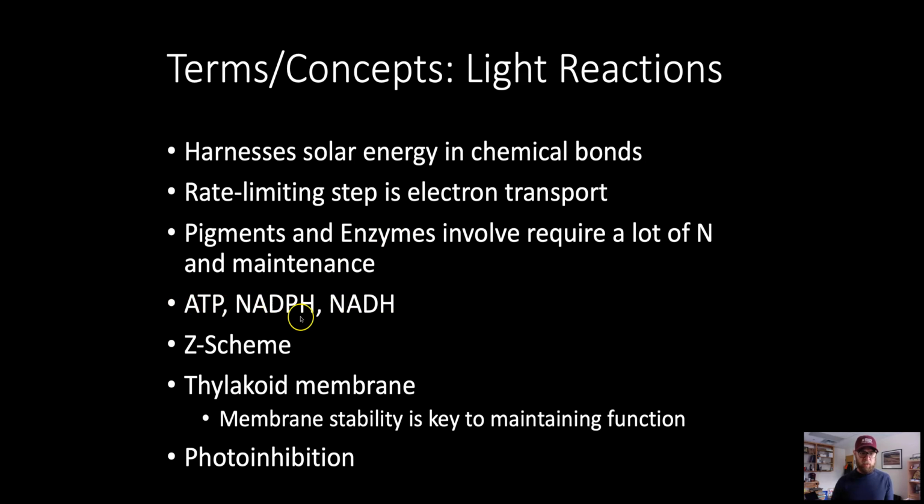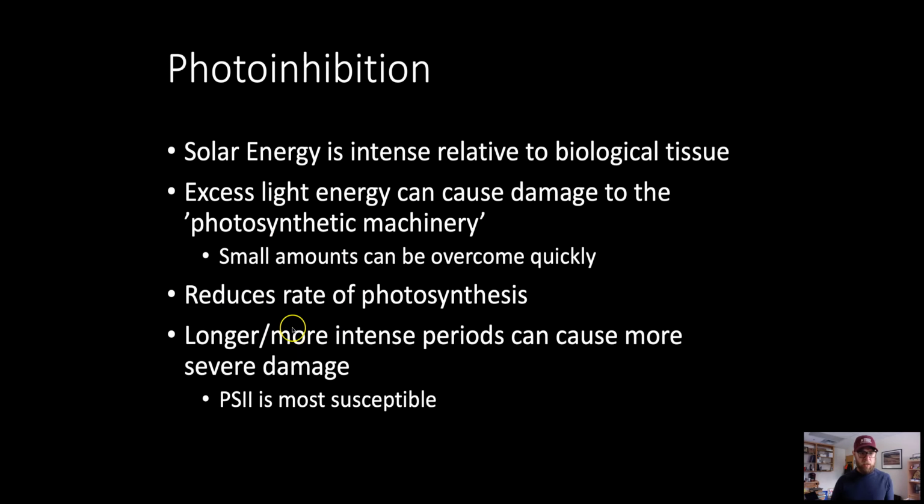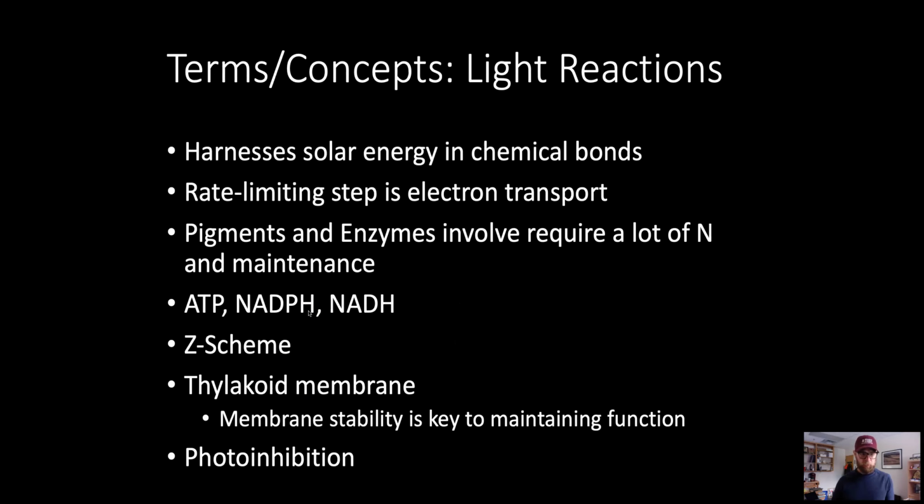You got those 3 forms of chemical energy, that Z-scheme. Know what that Z-scheme is, and know that the shape of that Z-scheme is a result of exciting electrons and then having those passed off, and that energy being lowered at each step in that process.